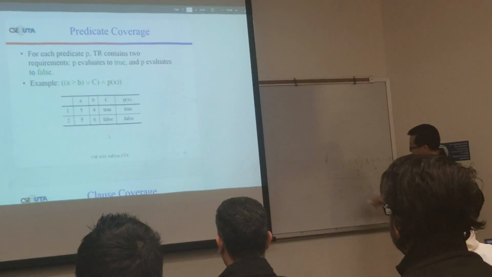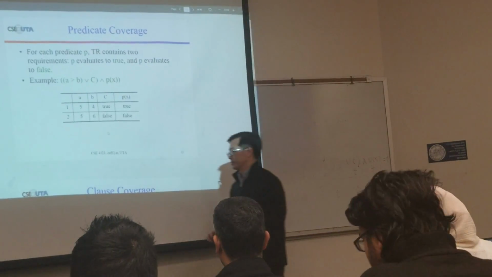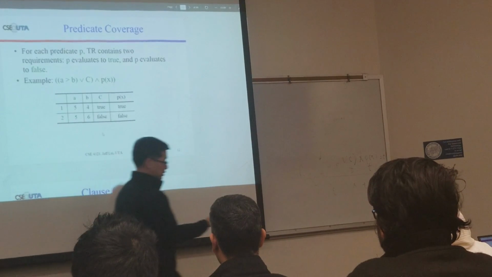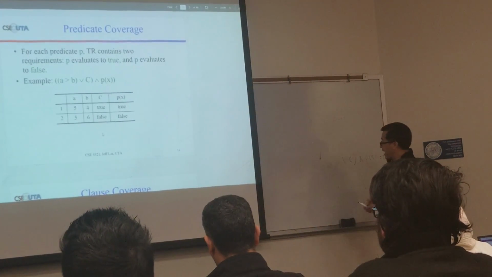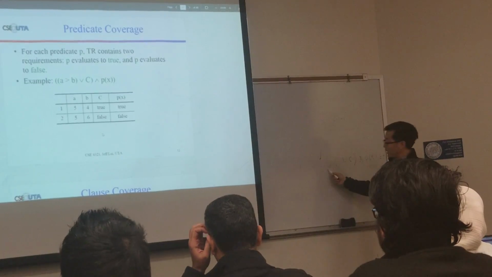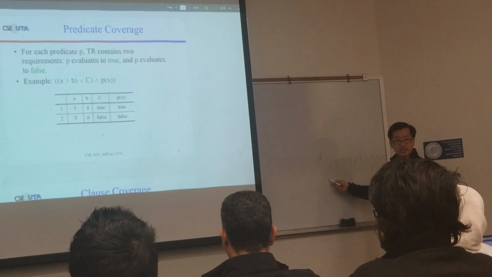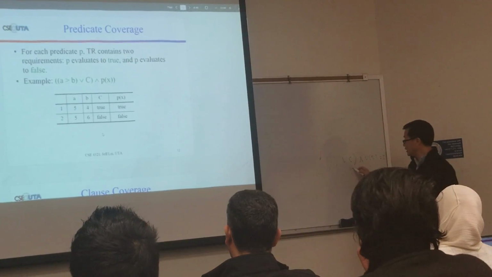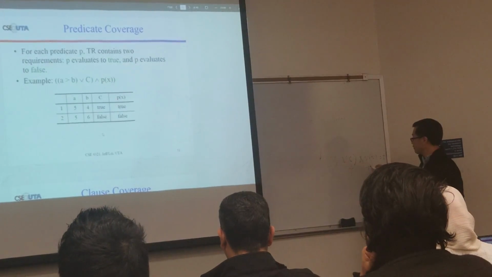So for the second test case, A is 5, B is 6. So this is true, right? C is false, right? And P is false.